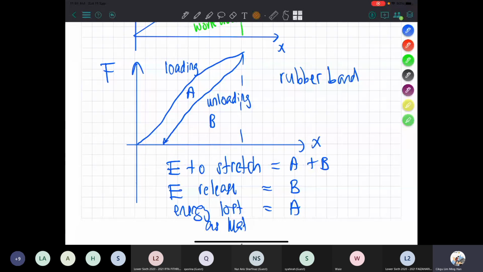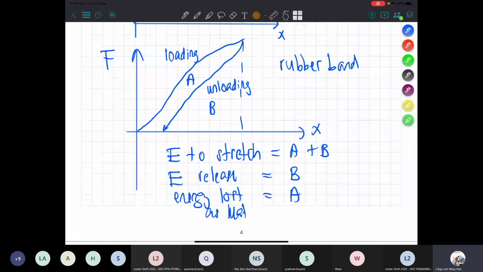So just to share with you, if Paper 1 has a question, what will be the energy to stretch the rubber band? The energy to stretch the rubber band will be the total area under this graph here. It will be A plus B. What will be the energy released during unloading?